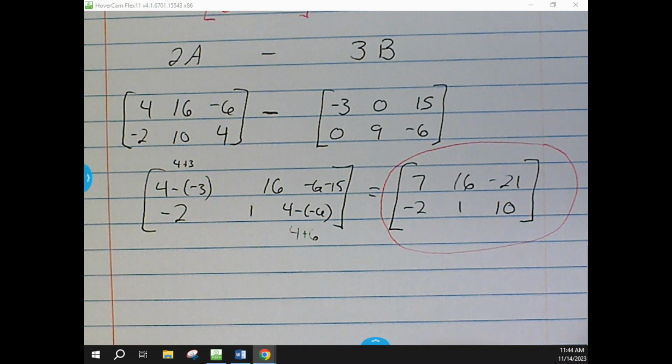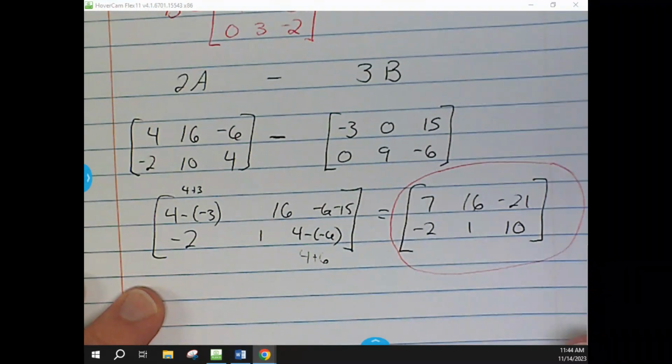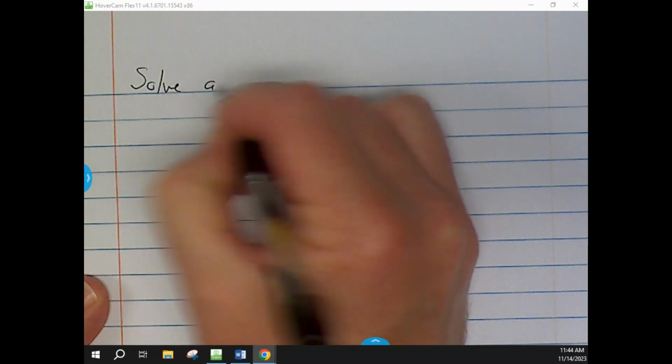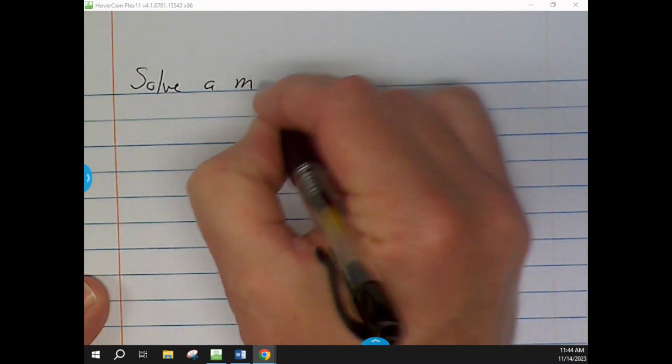So here's the second part we'll do with this one. It's still kind of the first thing, just a little twist to it. For this one, we're going to solve a matrix equation.